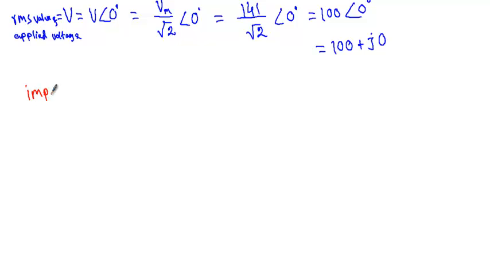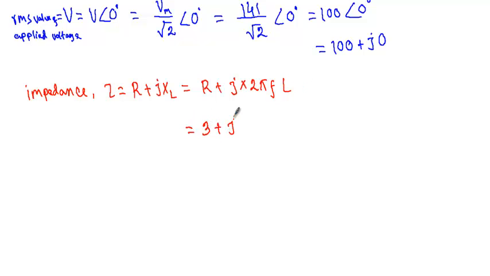Impedance Z will be equal to R plus jXL, where XL is the inductive reactance, equal to twice pi f L. Here R is 3 ohm plus j into 2 pi, f is 50 and L is 0.0127.